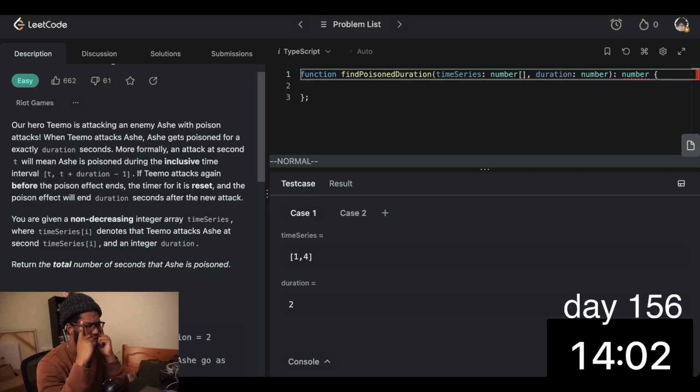Our hero Teemo is attacking an enemy Ashe with poison attacks. When Teemo attacks Ashe, Ashe gets poisoned for exactly duration seconds.